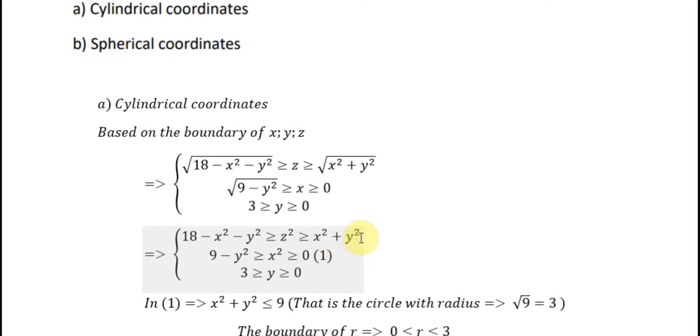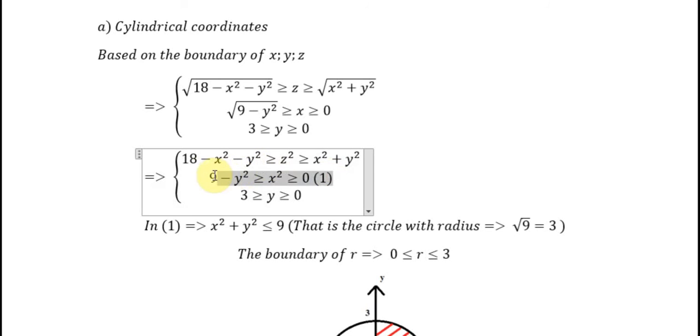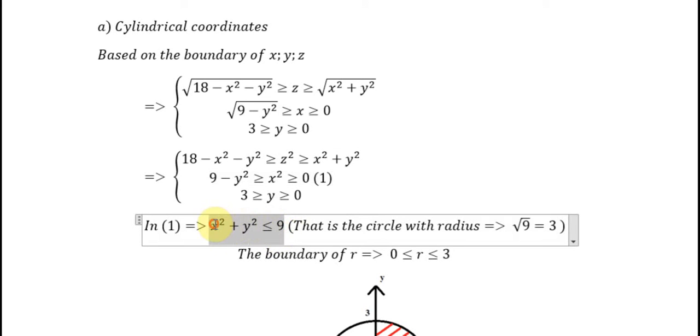In number 1, I need to highlight that if we move the y^2 to the right, we get x^2 plus y^2 smaller or equal to 9. This is the equation of a circle, so the radius is 3, because we square root 9 and get 3.